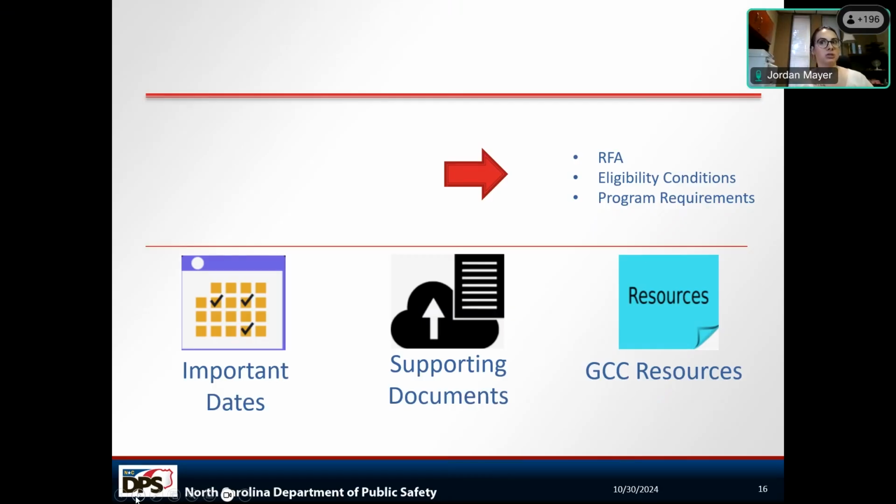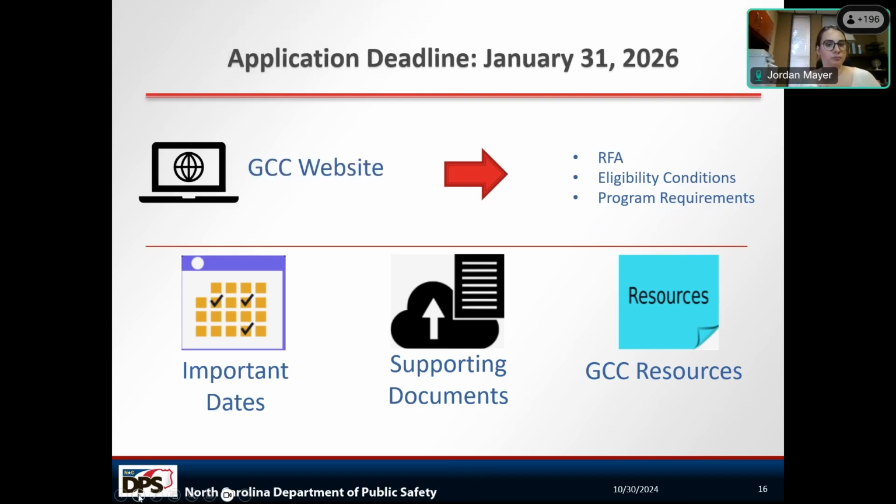Any documentation that your funding source is looking for, Wayne mentioned earlier, that is on the website as well. So you can find all the documents that you need to complete for your application on the website as well. And then any other GCC resources are listed there. And of course, reach out to your planner or your grant manager to make sure you have all the information that you need.